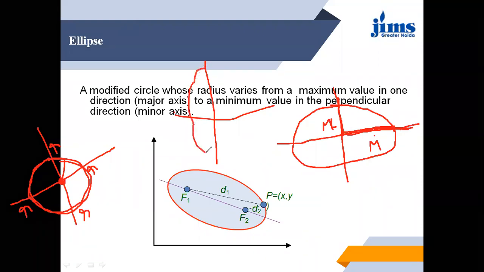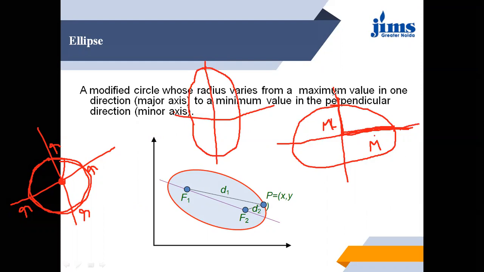Means the length of the point on the y-axis from the origin is more than the length of the point on the x-axis from the origin. So there is a major axis on the y-axis and minor axis on the x-axis. In this case, major axis on the x-axis and minor axis on the y-axis.